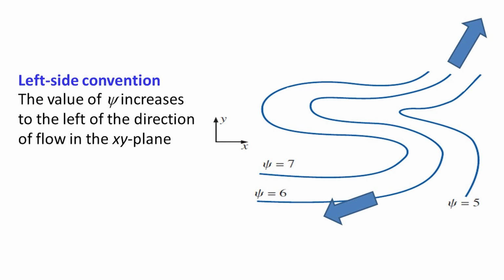Take a moment to think about it. Well, the answer is going up because psi increases from 5 to 7, and that 7 is on the left if the flow is going up.